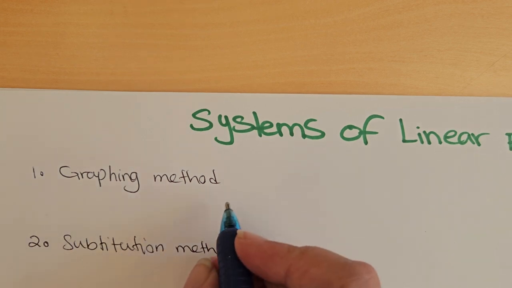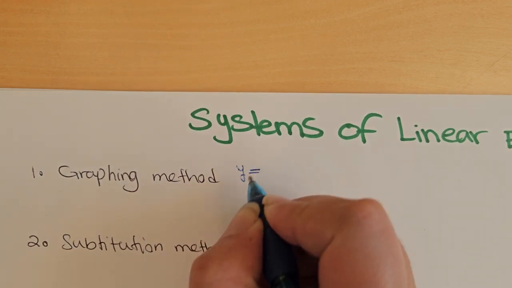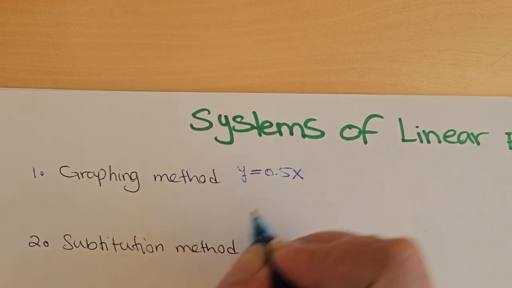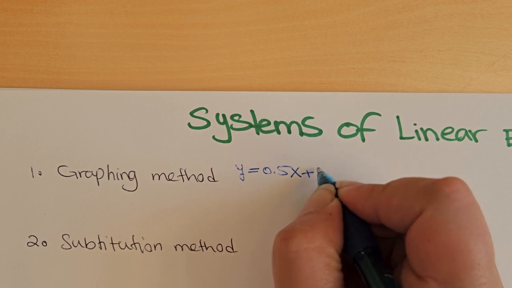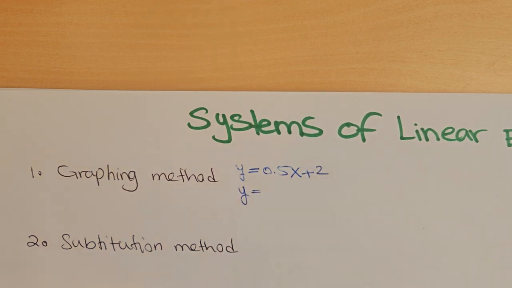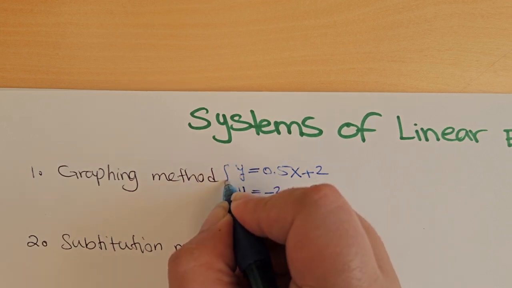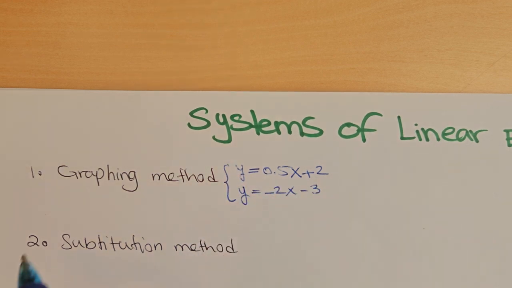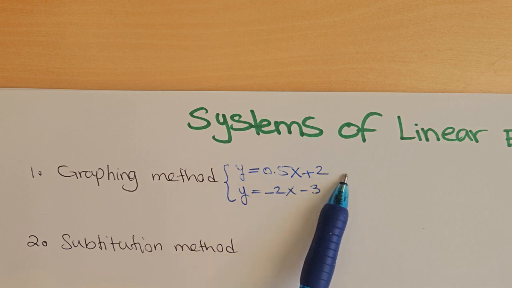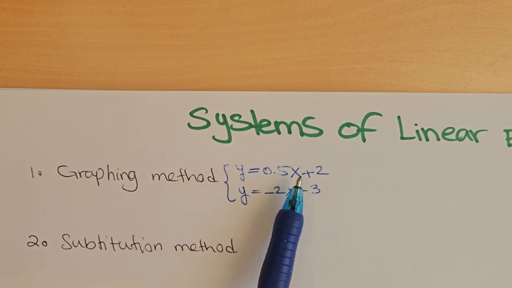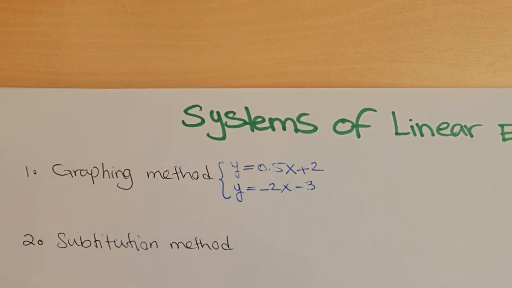For the graphing method, I have two lines. One of them is y = 0.5x + 2, and the other line is y = -2x - 3. So I have two equations, line number 1 and line number 2, and each of these lines has x and y as variables.